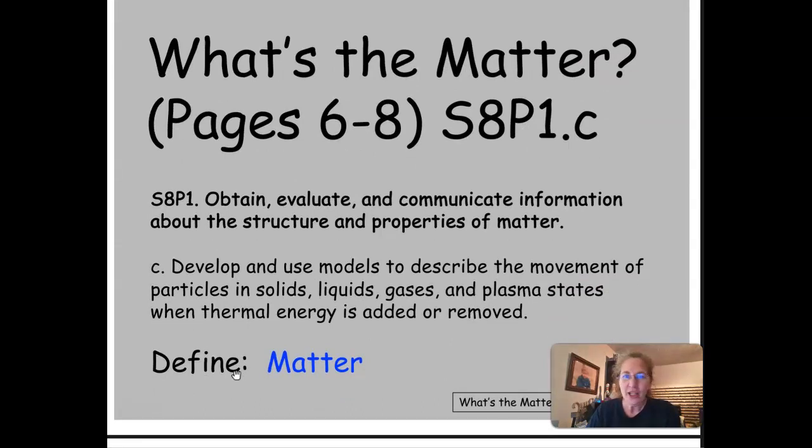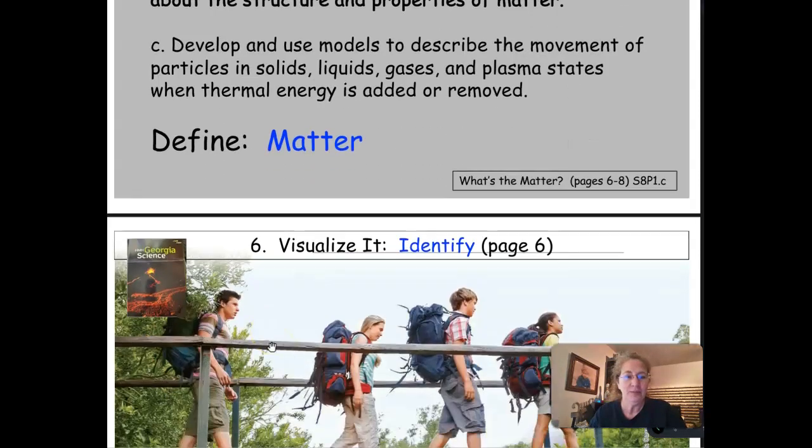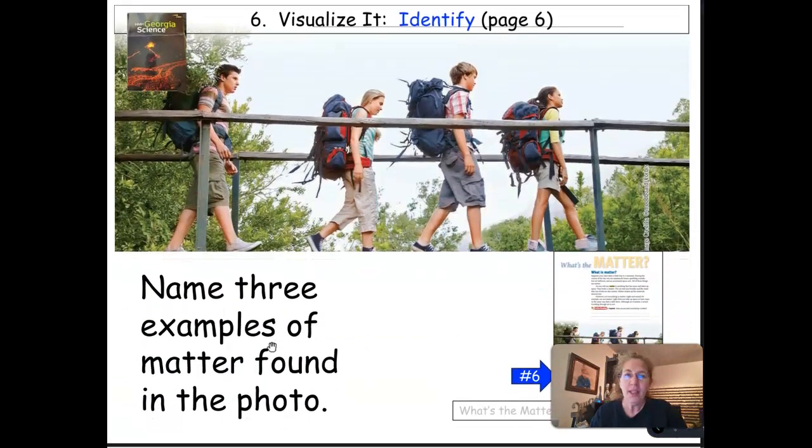Now we're going on to What's the Matter, pages 6 through 8 in your textbook. One of the key things for this section is that you get a strong understanding and are able to define what matter is. On page 6, they ask you to look at this picture, and number 6, called Visualize It, asks you to name 3 examples of matter found in the photo.